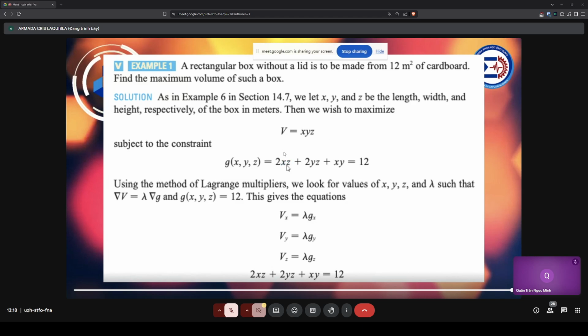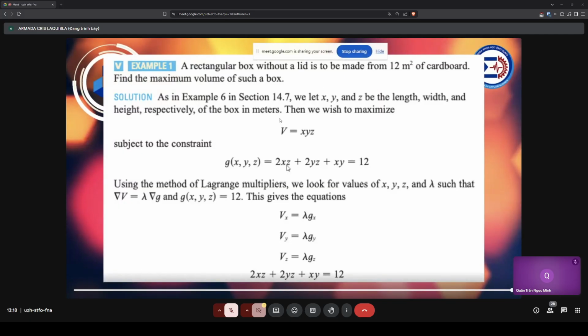If this is your xz, and this is your xz, then this rectangle here is your yz, because this length is y and the height is z. So the area is the width times the height, that's y times z.